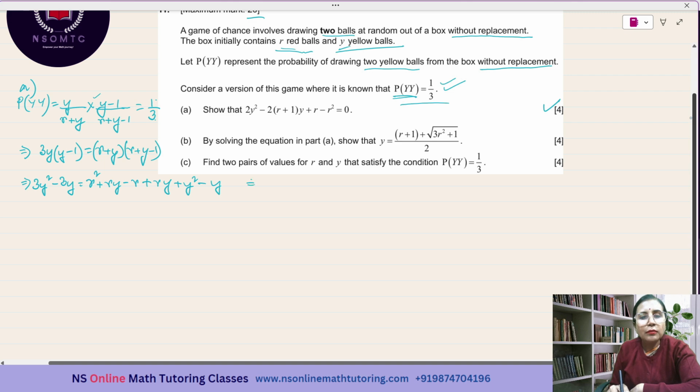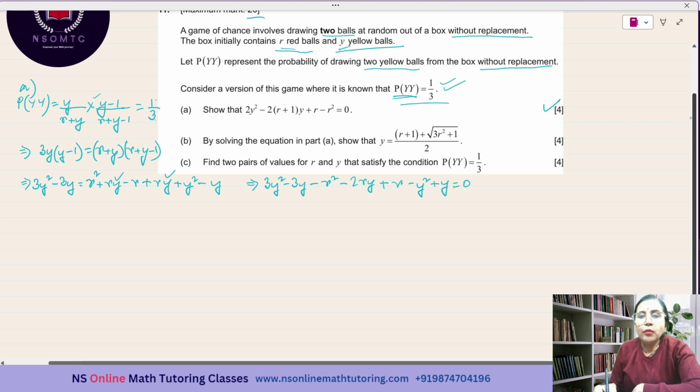Okay. So it is 3y² − 3y − r² − ry. We have two ry, so I can write minus 2ry, and then it is minus r, so it is plus r, and minus y² and plus y is equal to 0.